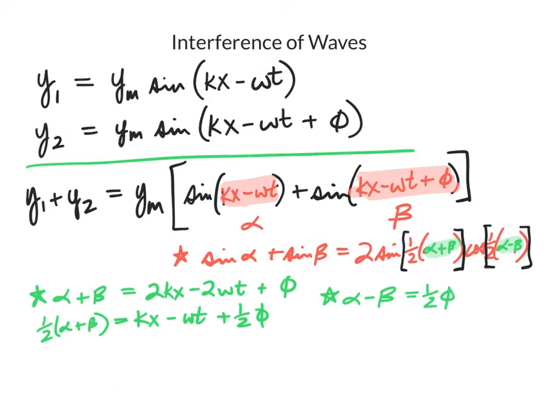So we go and plug all that stuff back in. All right? And I'm going to go to a new screen to do that. That means our y1 plus y2, we're going to have 2 of these ym things, and then applying the rule, and I'm going to put the cosine part first.